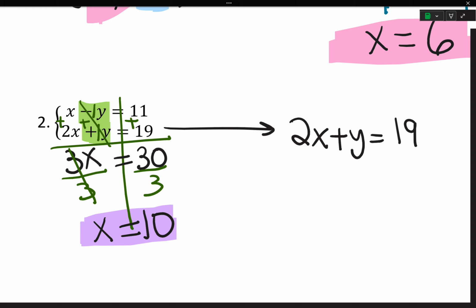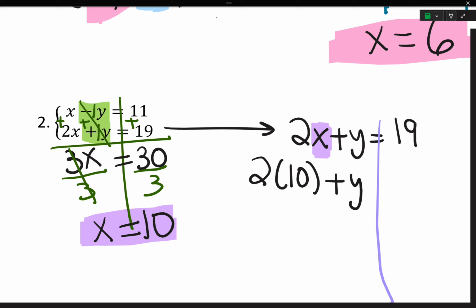Even if you're one of my students doing this at home, I let the class pick, so we could have done the first equation, and you would still get the same answer as us. Anyways, back to it. We found that x is 10, so I'm going to substitute in 10 instead of x. So I got 2 times 10 plus y equals 19.